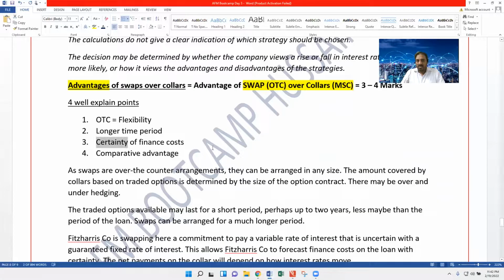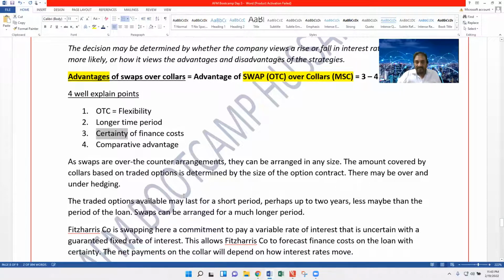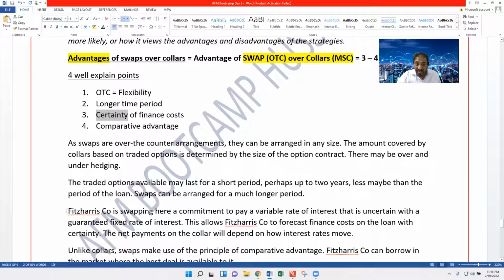So that is certainty. So these 3 to 4 points we can put for the advantage. But the important point, if these are advantages, we have to incorporate some connections with the case. Fitch Harris swapping the commitment, Fitch Harris forecast finance cost. You have to develop these kinds of wordings that connect with the case.